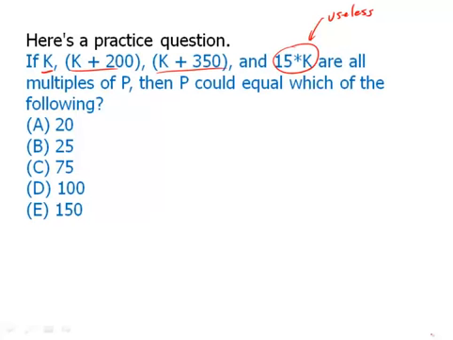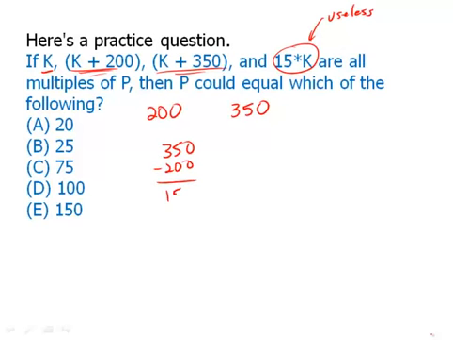But these are very useful. And in particular, we could take the difference. We could subtract K from each one of these. Well, if we subtract K from this, we get 200. So 200 must be a multiple of P because it's the difference between two multiples. 350 must be a multiple of P because it's the difference between two multiples. Well, now I could do 350 minus 200.